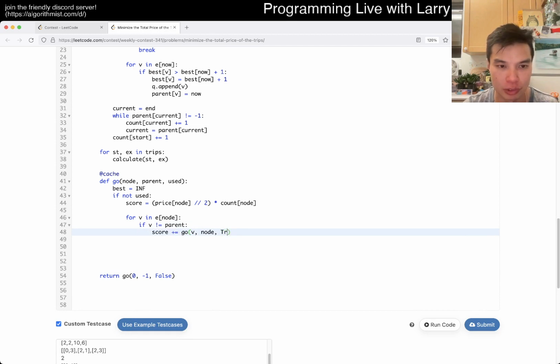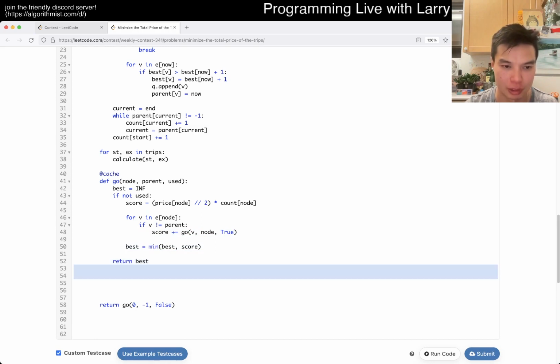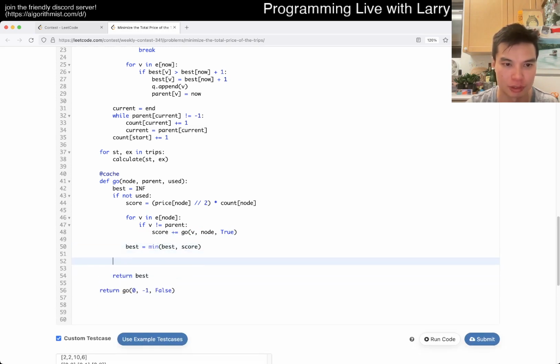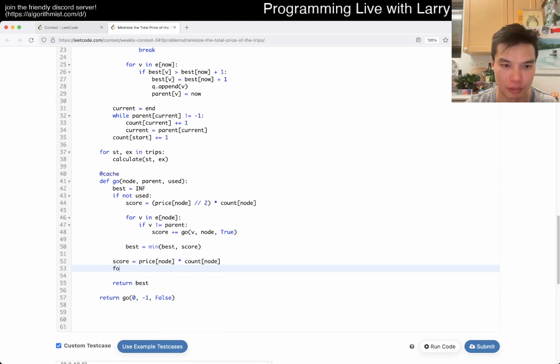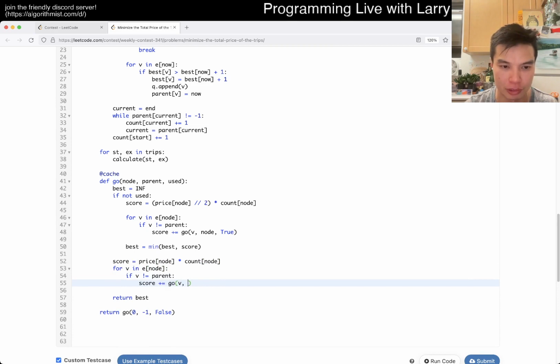So used is true, right? And then best is equal to min of best and score. Return best. Otherwise, the other thing we can do is not use it. So score is price of node times count of node, and for each neighbor v, if v is not equal to parent, add the score.